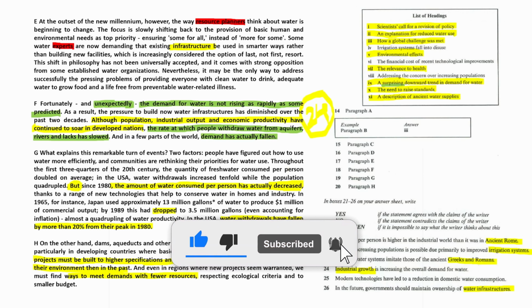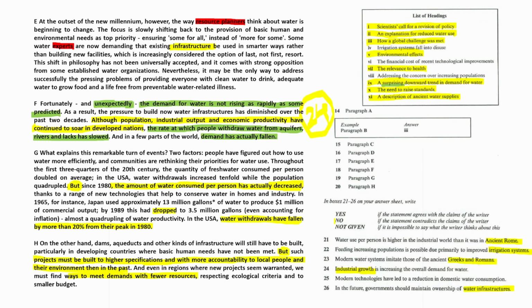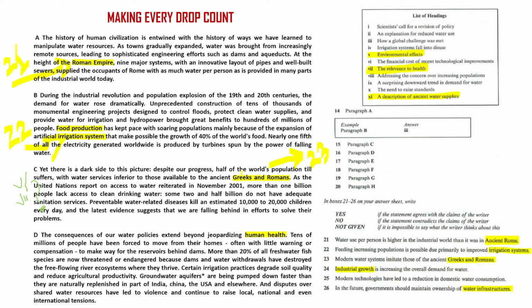Now we will go to our yes, no, not given questions. In this video, I'll not talk about yes, no, not given questions. You just need to find the keywords. Now that you know that the keyword of question number 21 is here, you can simply go to this part and find the answer and tick whether the answer is yes, no, or not given. Now this class is not going to be about yes, no, not given. So I'm very sorry guys, I'm not going to explain it to you, because it will be too complicated to talk about everything in this class.